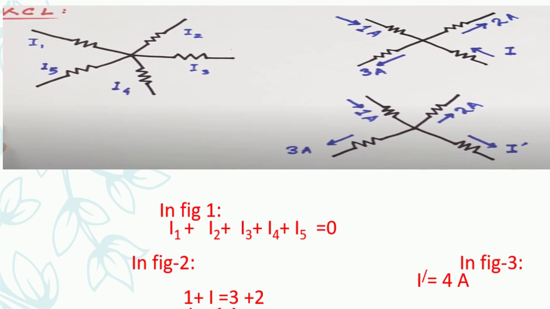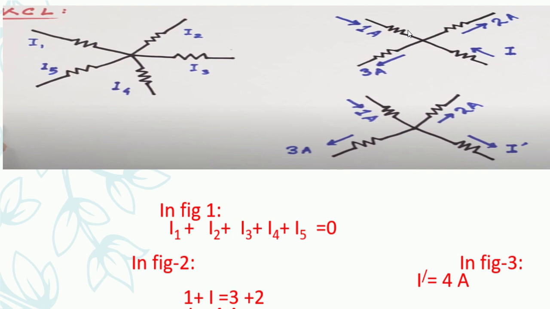So look, in figure 1, I can write I1 plus I2 plus I3 plus I4 plus I5 equal to 0, because here in figure 1 all the currents are entering into the junction. So the summation of the current will be 0.